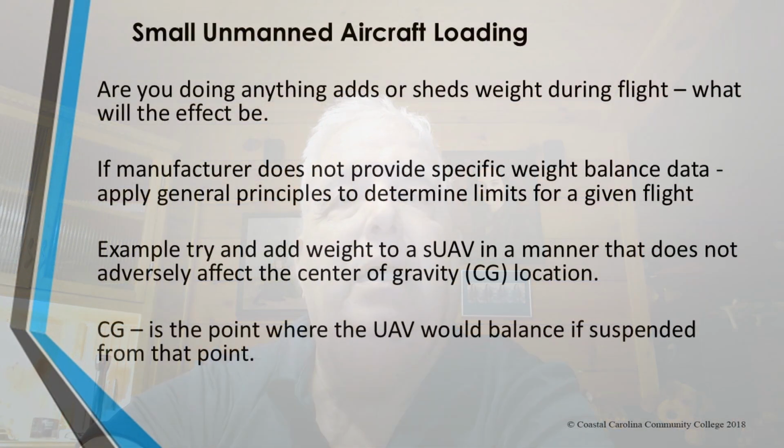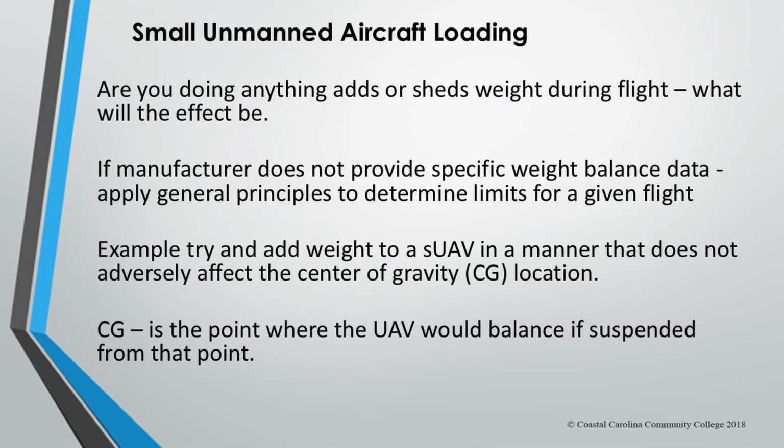Are you doing anything that adds or sheds weight during flight? What will the effect be? If the manufacturer does not provide specific weight and balance data, then you need to apply general principles to determine limits for a given flight.